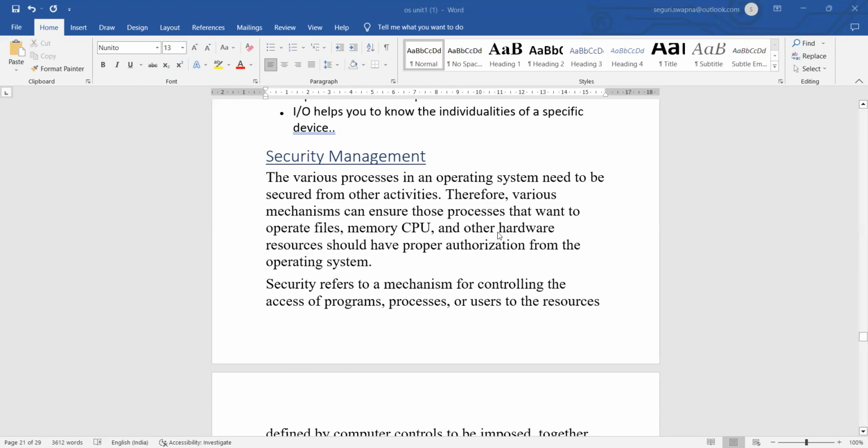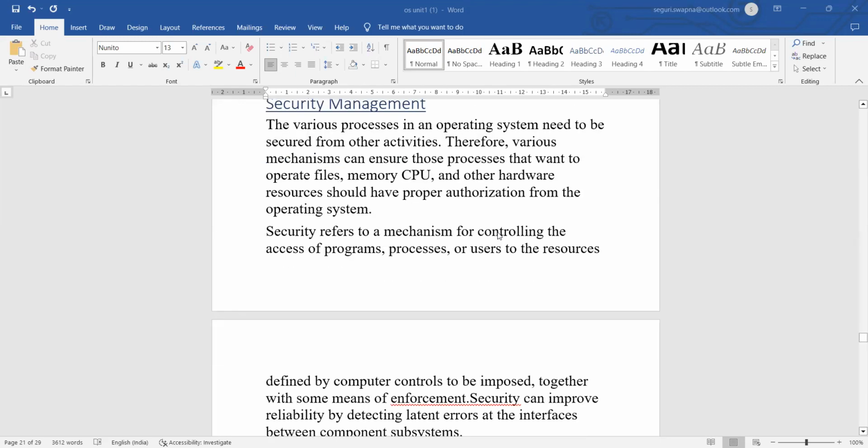Next is the security management. The main responsibility of this component, called security management, is to provide security for the files or the memory which is in the computer, that is, to give proper authorization.